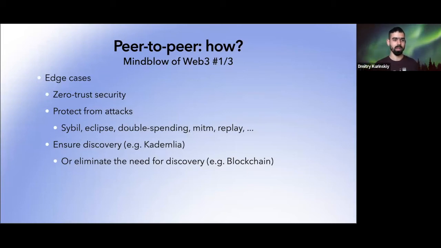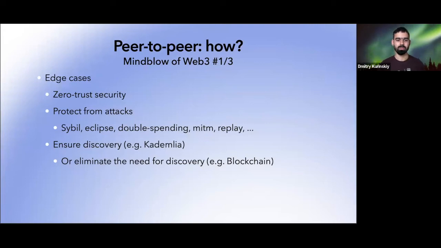And then I need to decide how to approach the discovery. And there is a huge choice. Usually in peer-to-peer networks in Web3, if I need to discover something and if the peers are different, then I need to choose Kademlia and one of the implementations of Kademlia.